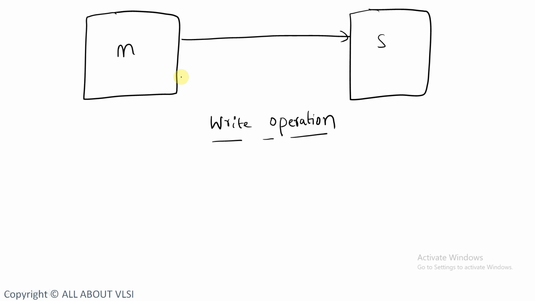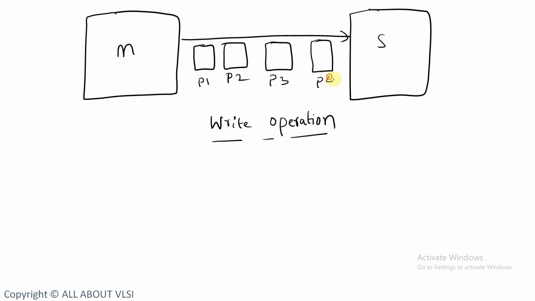Let's say the master wants to write 4 packets: packet P1, P2, P3 and P4. These are the 4 packets the master wants to send to the slave.